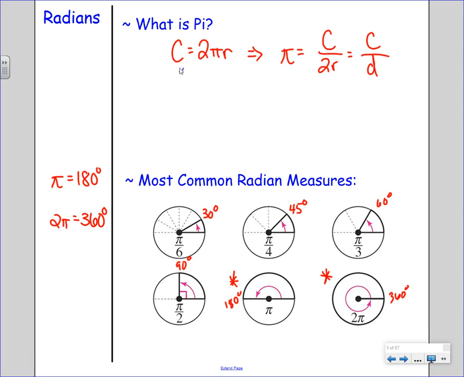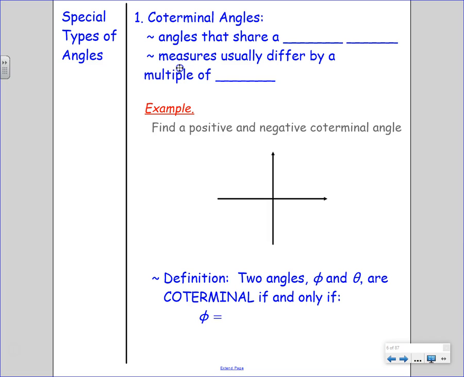So you have 30s, 45s, 60s, 90s, 180s, and 360s. All of it comes down to pi being halfway around the circle, and 2 pi being all the way around. And you can use these fractions to help you out as far as what types of reference angles you're working with. Now we're going to come back to that, but let's keep going. Talking about coterminal angles.